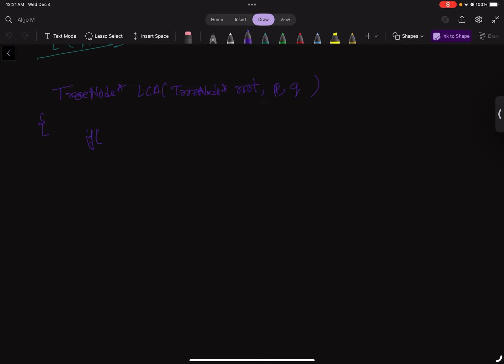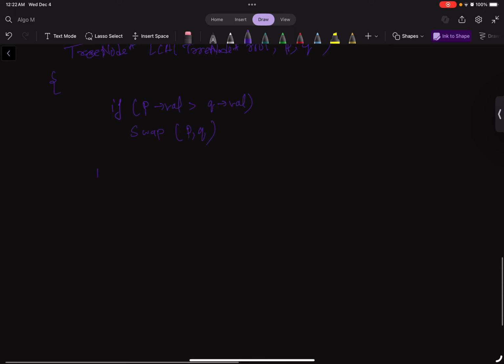I had swapped this, right? So if P val is greater than Q val, swap P comma Q, right?